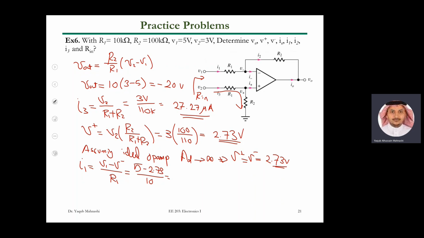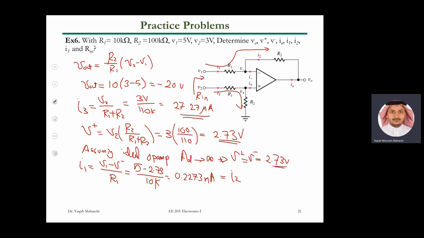And this is 0.2273 milliamps. 10K, yes. And how much of I2 do you think? This is an ideal op-amp. The same, because there is no current entering the op-amp, so this current will flow all the way to the output terminal, right? So this is nothing but the same as I2.